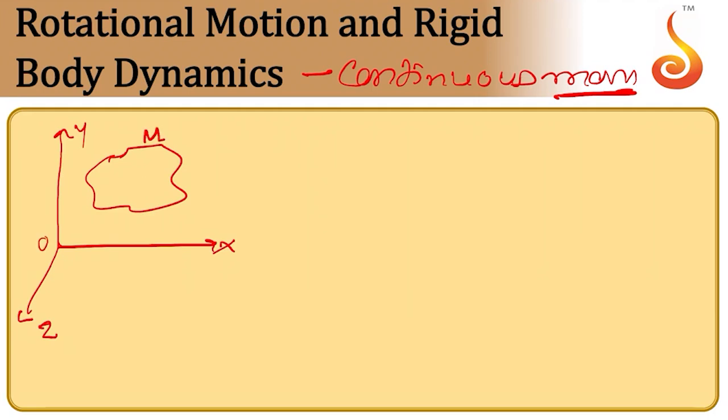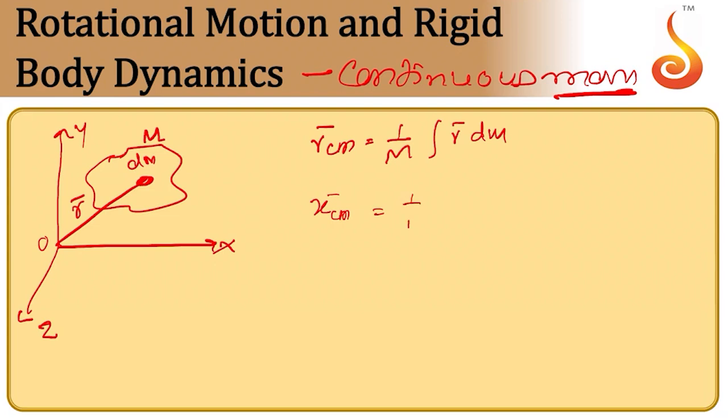Then what you do is you consider a small mass dm whose position vector is r, and you find the center of mass by considering it like this: 1 by M integral r dm, and you can integrate it to get your xcm, ycm and zcm.